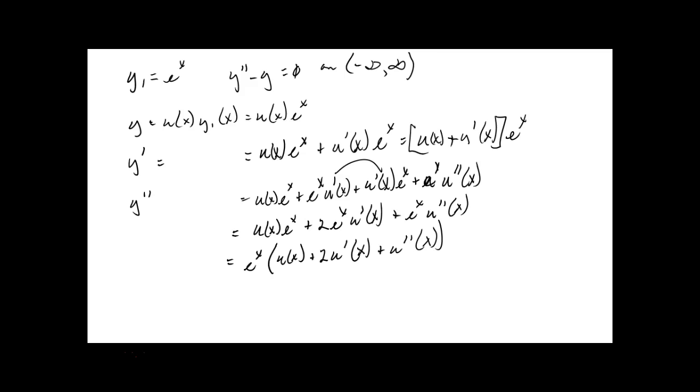All right. Now let's subtract them. I didn't have to pull out the e to the x, so let's go back to our original. Y double prime minus y.